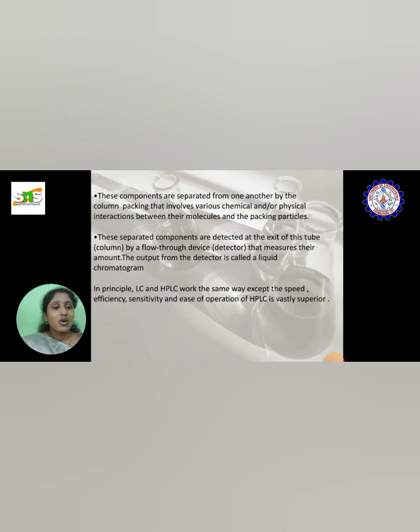These separated components are detected at the exit of this tube by a flow-through device, the detector, that measures their amount. The output from the detector is called a liquid chromatogram. In principle, LC and HPLC work the same way, except the speed, efficiency, sensitivity and ease of operation of HPLC are vastly superior.